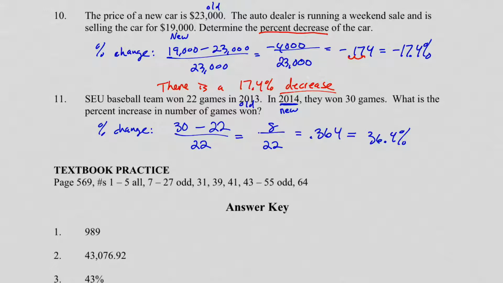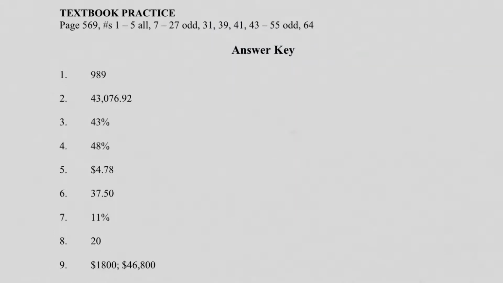Now let's take a look at some textbook problems. Okay, so the first problem I would like to look at would be number 24. Number 24 is about potassium. The U.S. Department of Agriculture's recommended daily allowance, the USRDA, of potassium for adults is 3,500 milligrams.